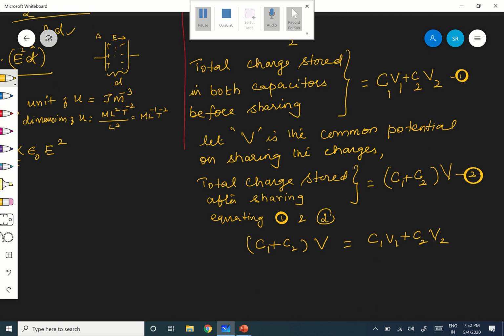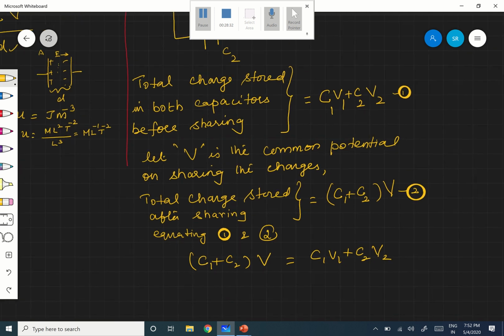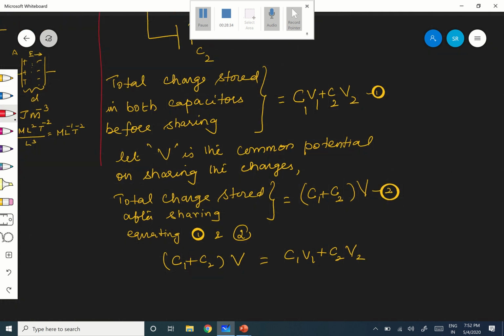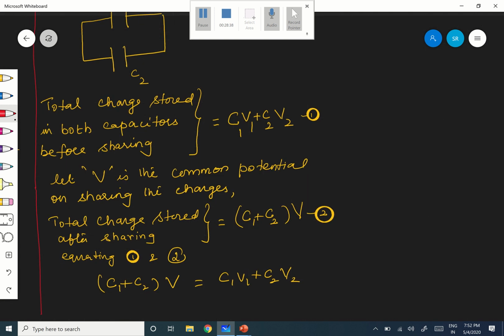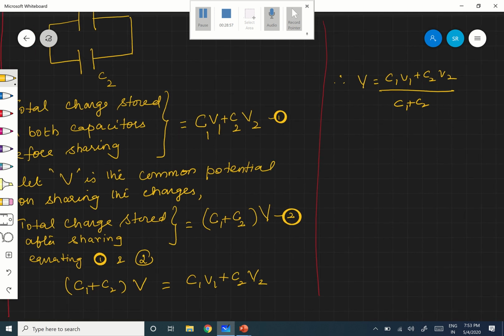Common potential here is V. Therefore, V is equal to C1V1 plus C2V2 divided by C1 plus C2. This is the expression for common potential.